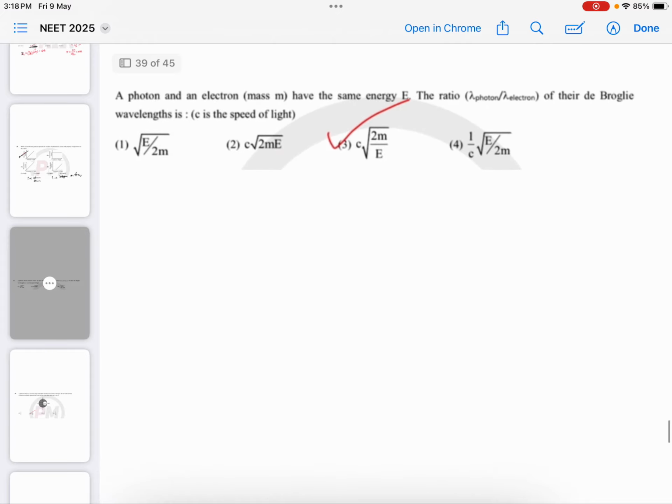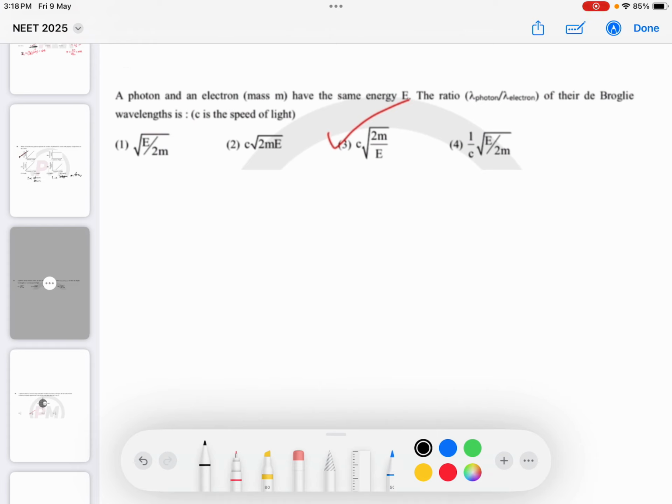This question also belongs to modern physics. A photon and an electron having the same energy E, the ratio of lambda photon divided by lambda electron, their de Broglie wavelength, is asked.